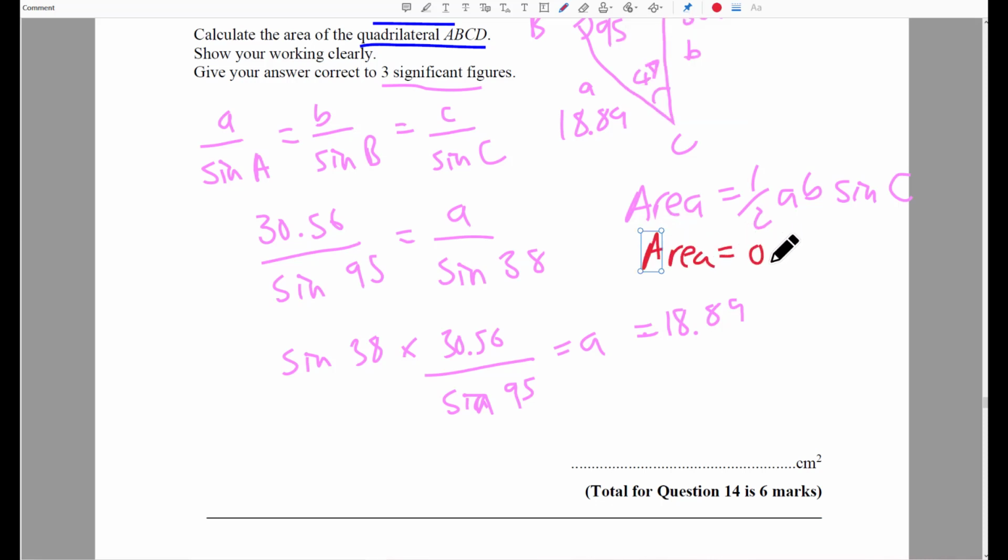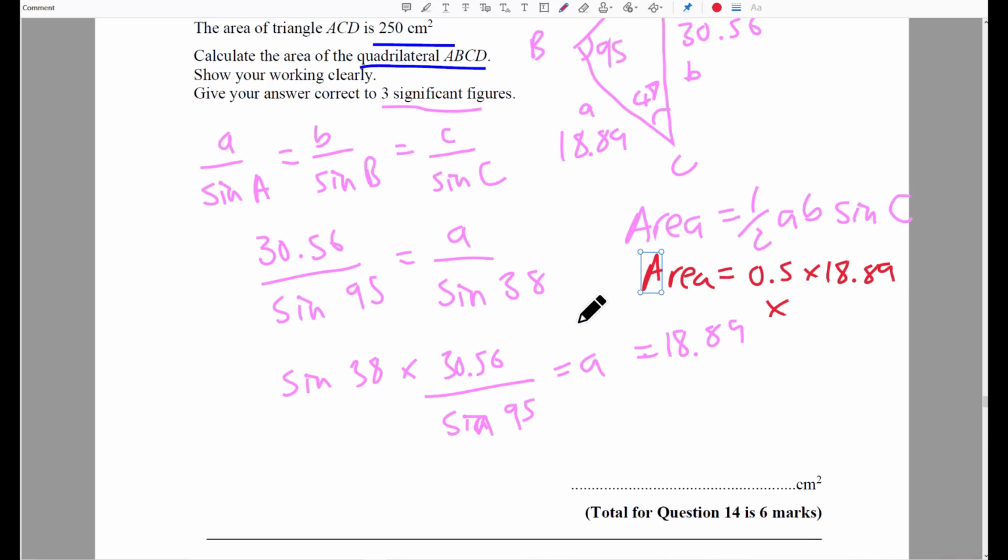Area equals 0.5 times 18.89 times 30.56 times sine 47.